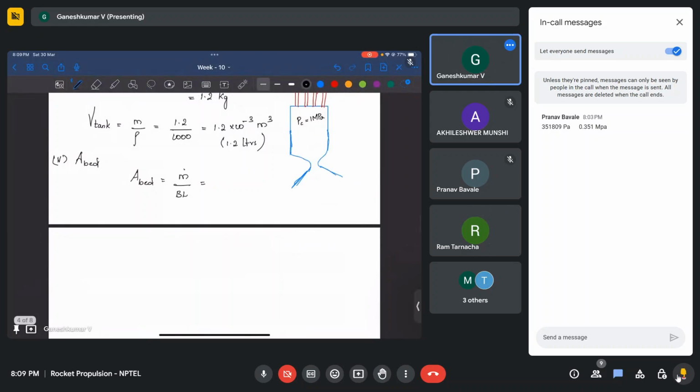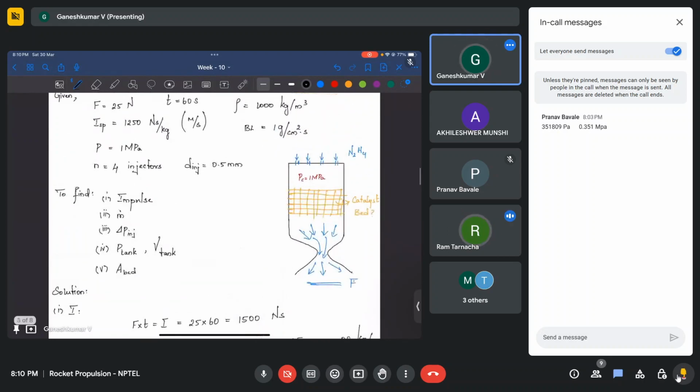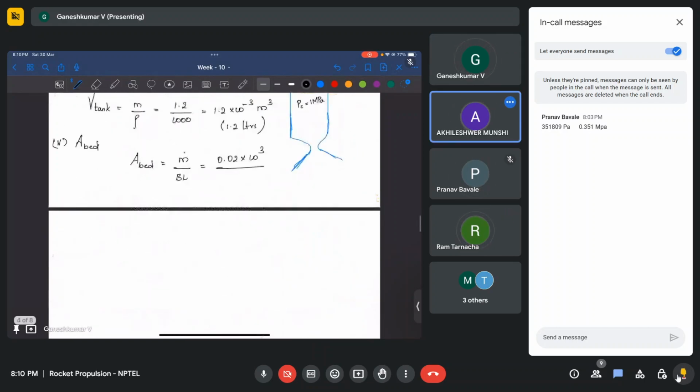So maybe we can convert m dot in terms of grams. You can write 10 power 3 times 0.02, divided by the bed loading of 1 gram per centimeter square second. The area of the bed is going to be 0.02 into 10 power 3 centimeter square.